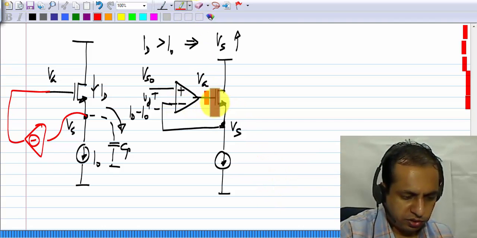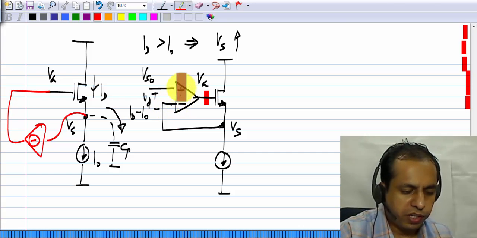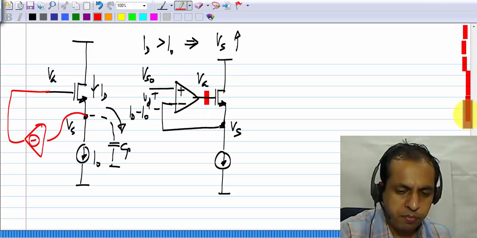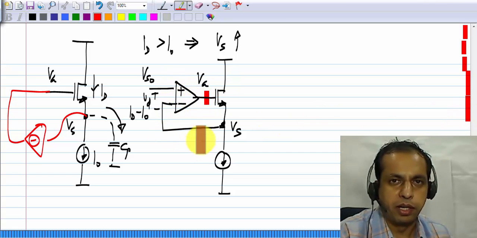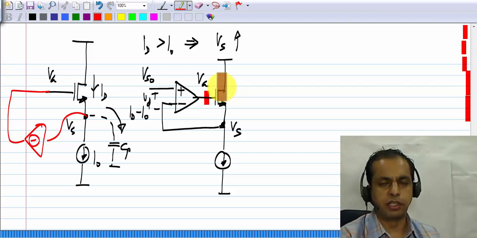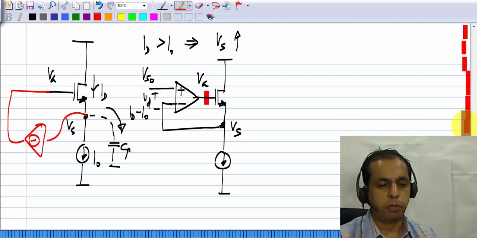Now if you look at the rest of the circuit from this Vg to Vs, you will find that these are the correct signs for the op amp to ensure negative feedback around the op amp itself, because the op amp gives you this virtual short property only when it's in negative feedback. As far as we are concerned, the op amp must be in negative feedback. There are some useful circuits where the op amp may be in positive feedback, but in all our op amp circuits, the op amp will be in negative feedback.